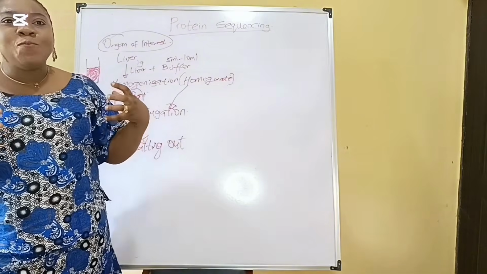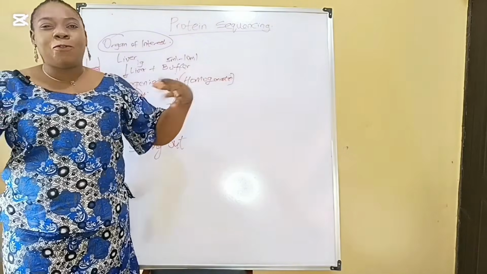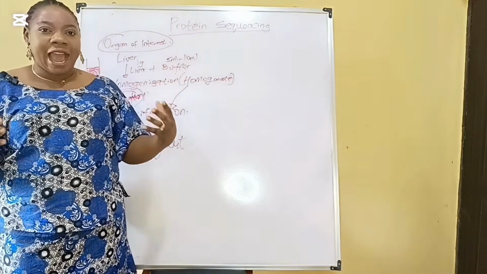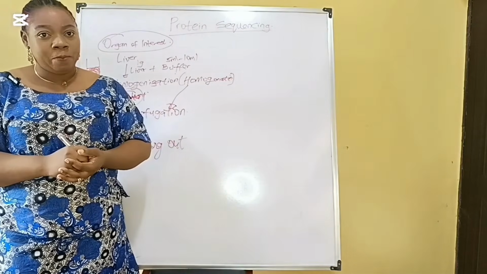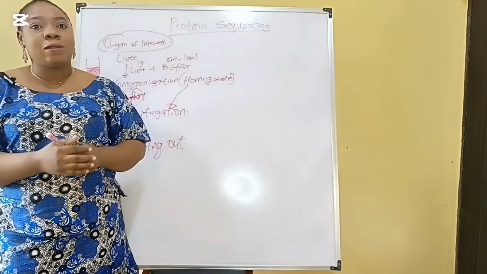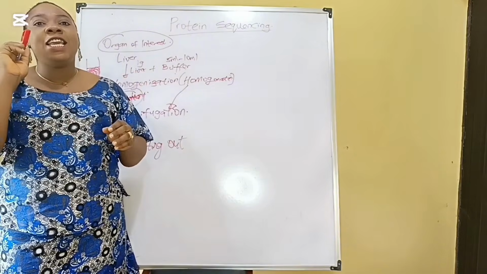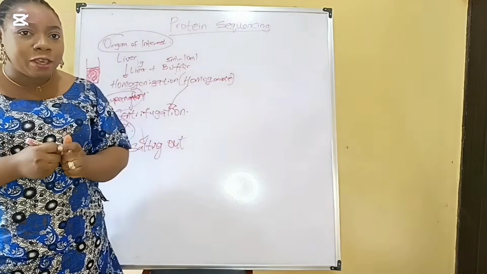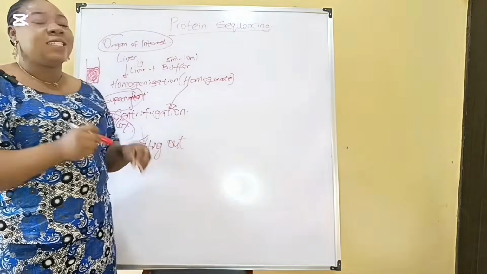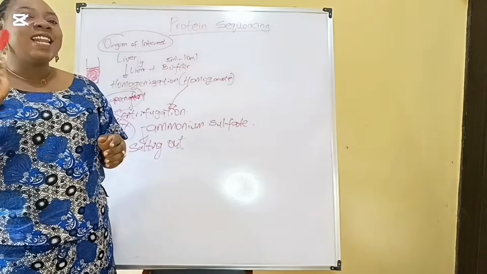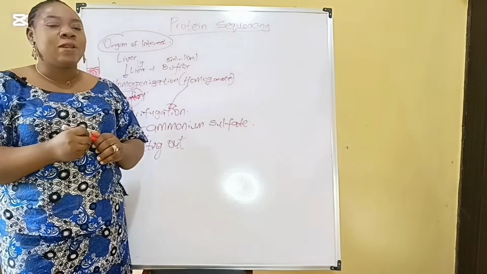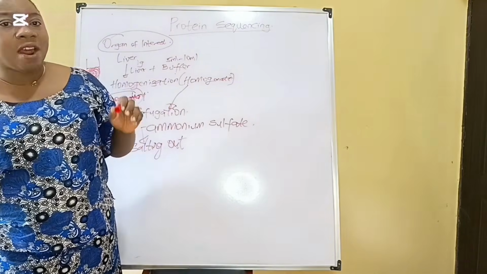This will make them not able to flow well in that solution, and they will gradually come together, leading to precipitation. So that is just how salting out works. And the salt that we make use of in salting out is ammonium sulfate. After that is done, the next step that we are moving on to is chromatography.